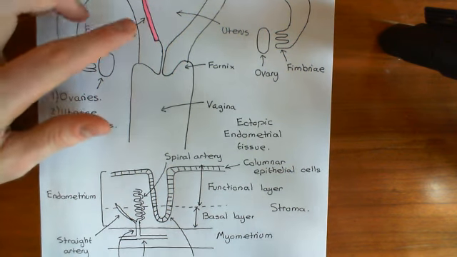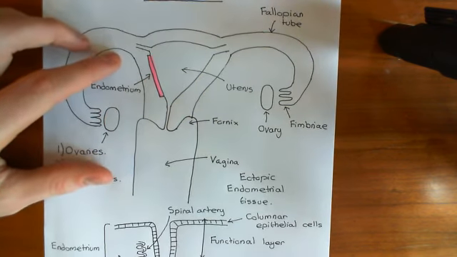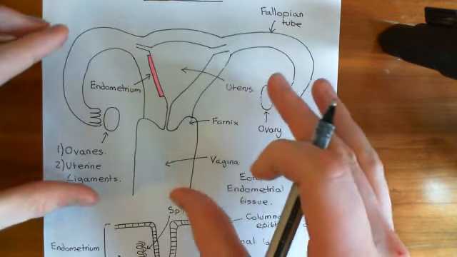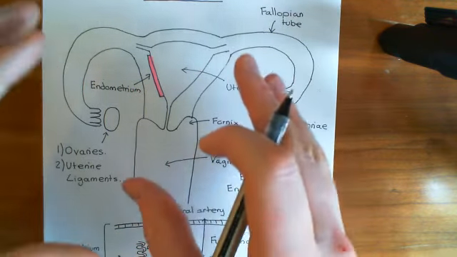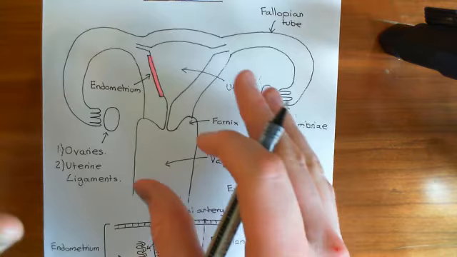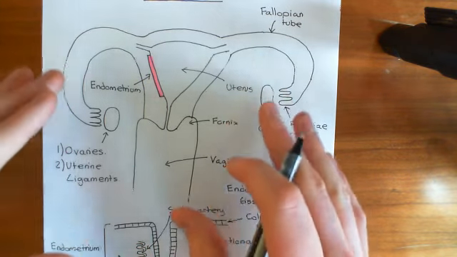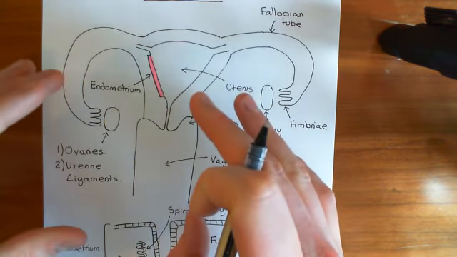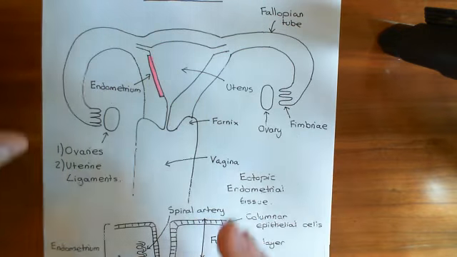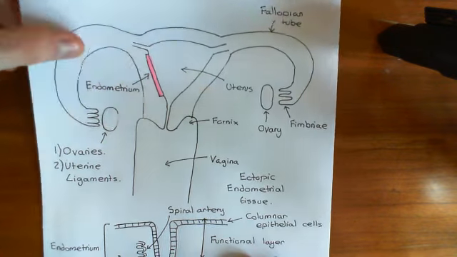It's a bit difficult to show on this picture that I've drawn here because it's a good picture, but it doesn't really show you the position of these things within the pelvic cavity. So what I'm now going to show you is a more anatomically accurate picture, where we're going to actually position things within the pelvic cavity.